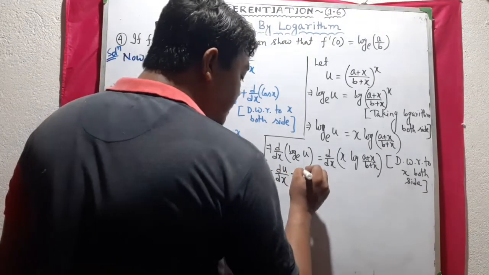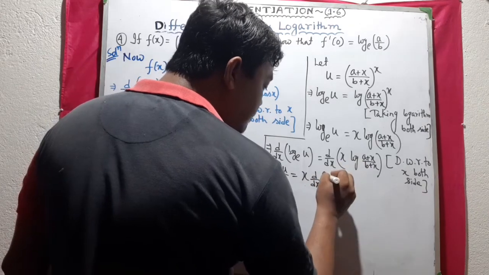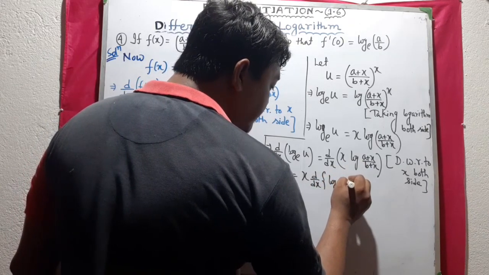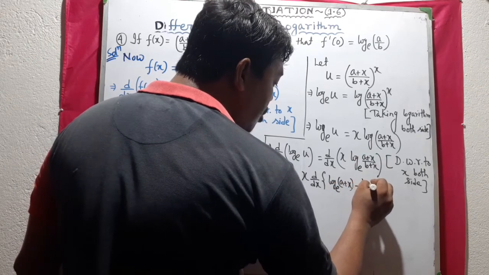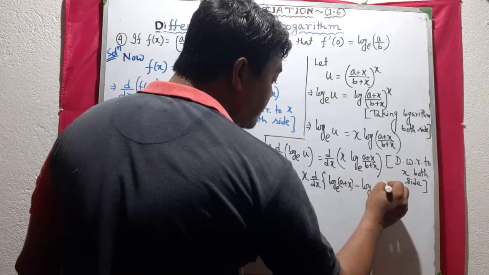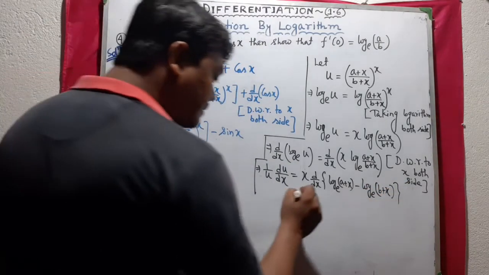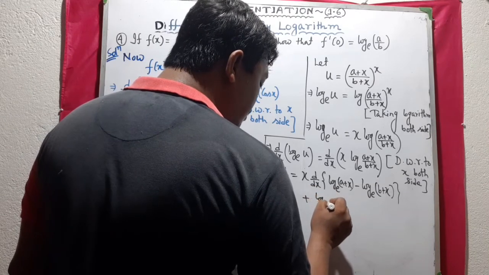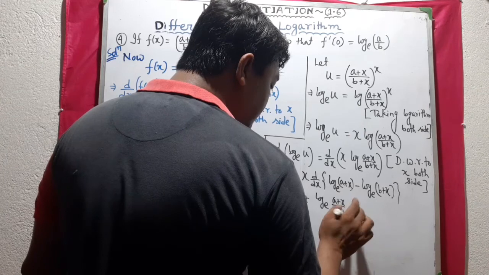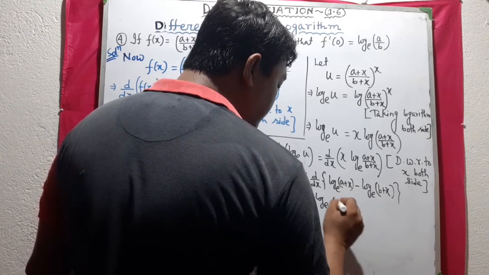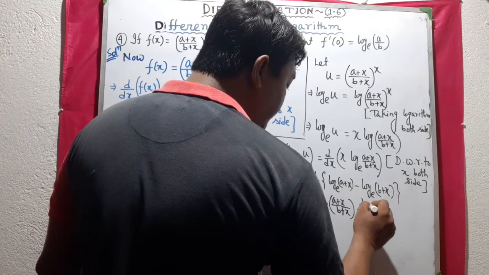So this is x d/dx of, similarly we can write down, log (a plus x) of course base e, minus log (b plus x), আমরা আগের প্রবলেমে পড়েছি, plus log (a plus x by b plus x) base e into d/dx of x.